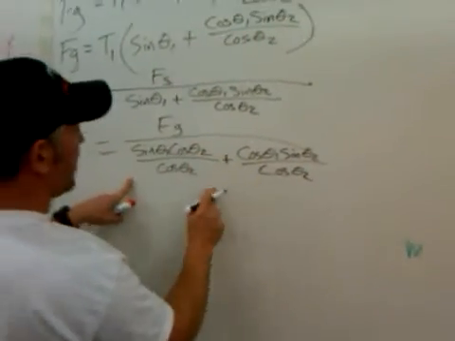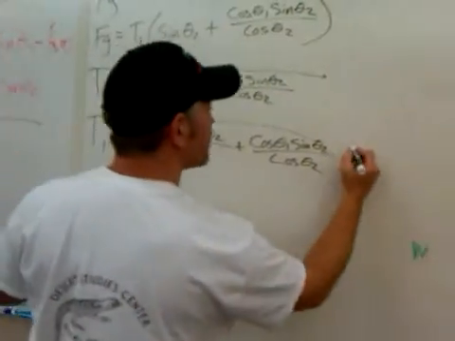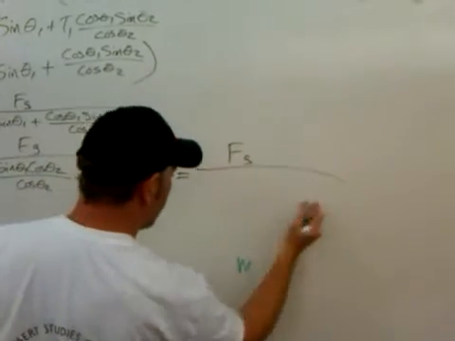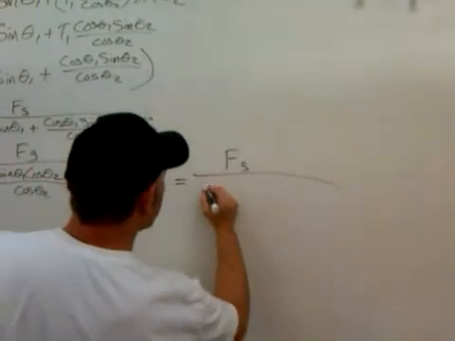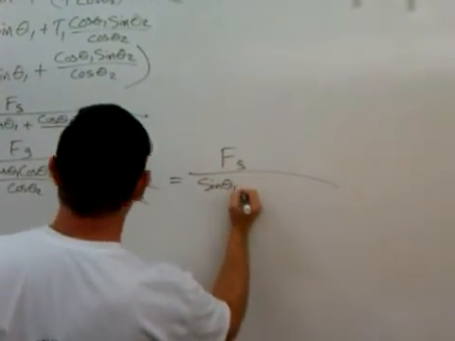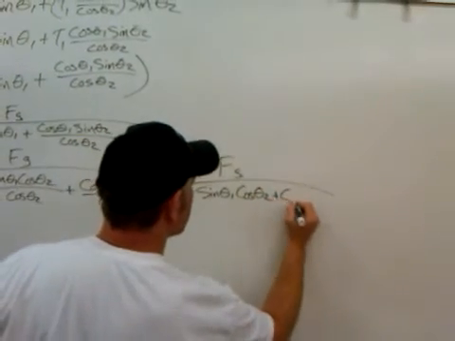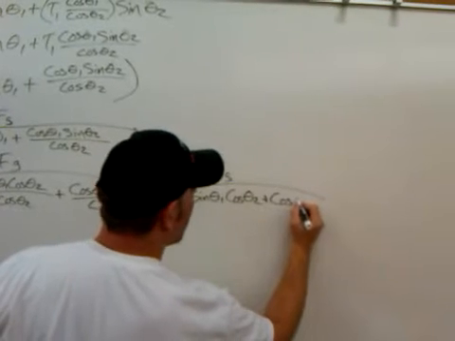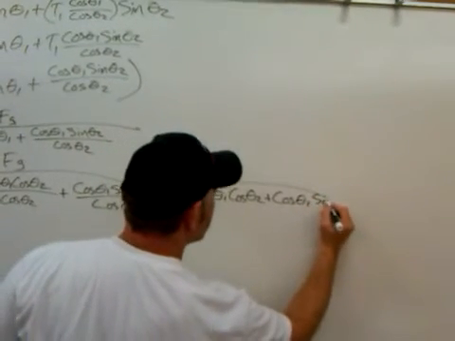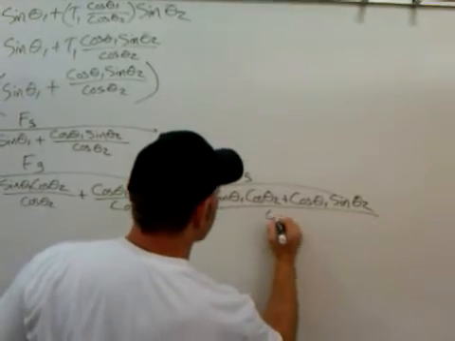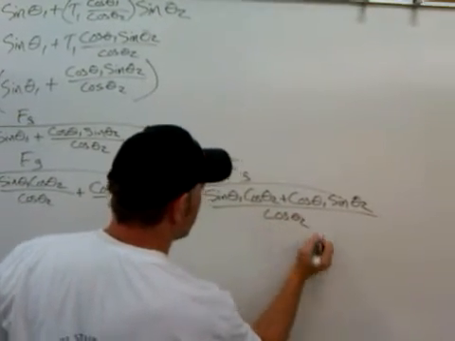Now I can combine like terms. This is going to equal F sub g over sine theta 1 cosine theta 2 plus cosine theta 1 sine theta 2 all over cosine theta 2.